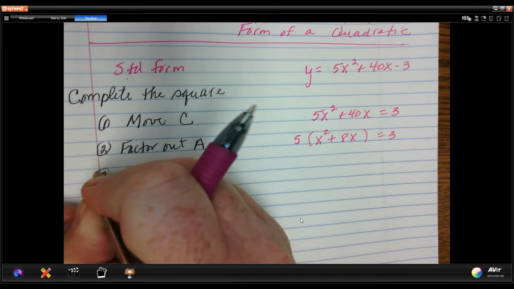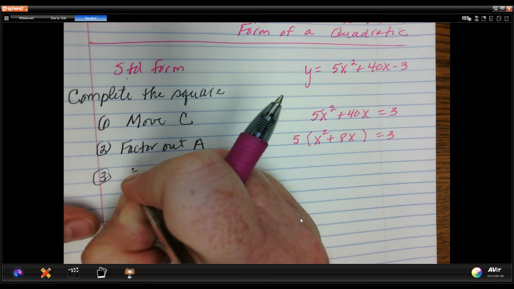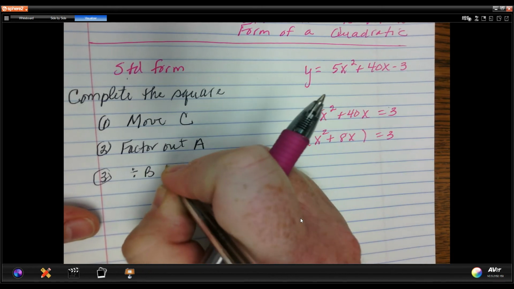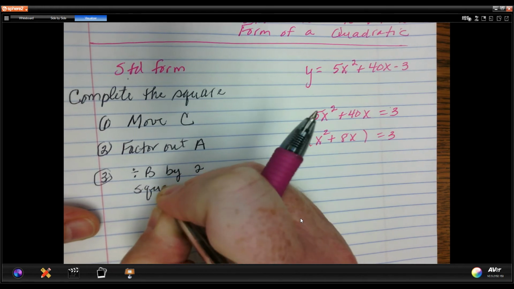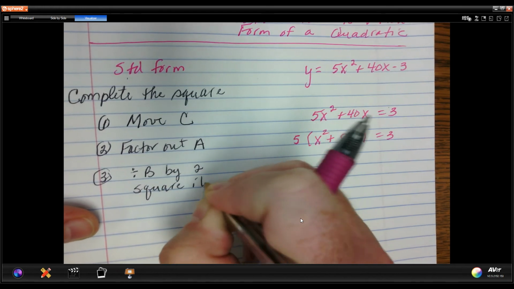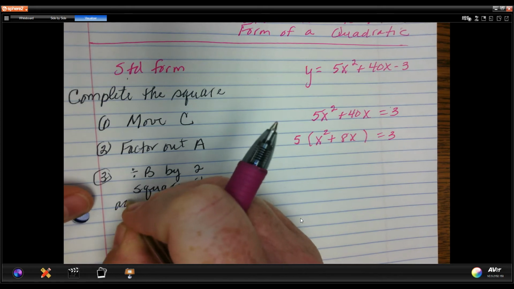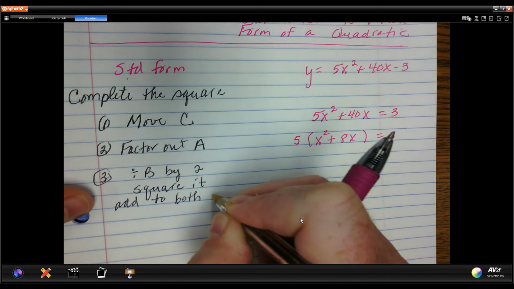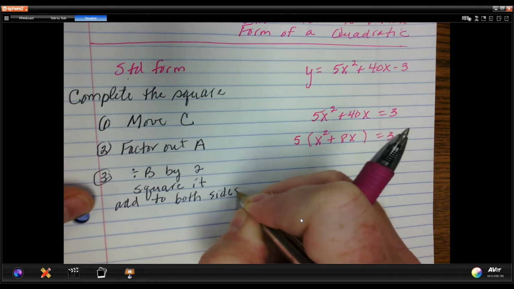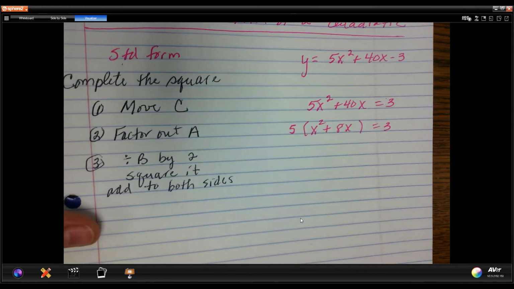Then the next step was divide b by 2, square it, and then add to both sides. So it looked like this.